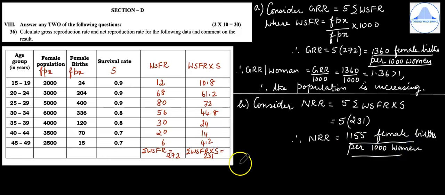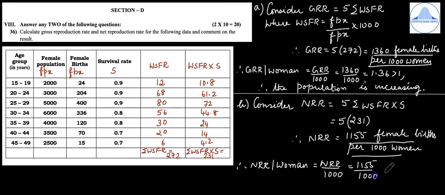Next find out NRR per woman. NRR per woman is NRR divided by 1000, which is equal to 1155 divided by 1000, which is 1.155, greater than 1. Therefore the population is increasing.